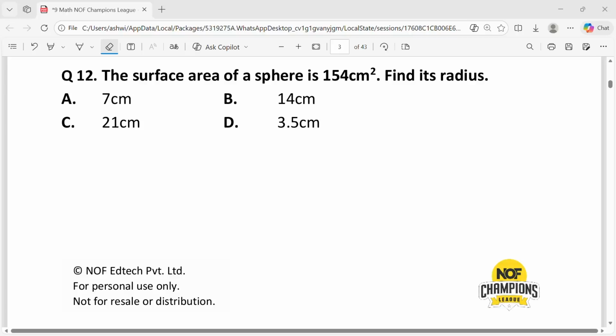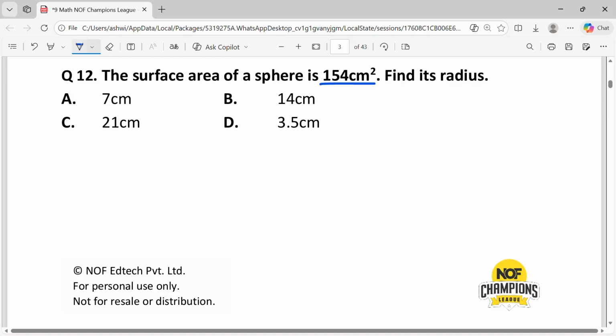Question 12. The surface area of a sphere is 154 centimeter square. Find its radius. The surface area S of a sphere with radius r is given by the formula S is equal to 4 pi r square. The given surface area is 154 centimeter square.